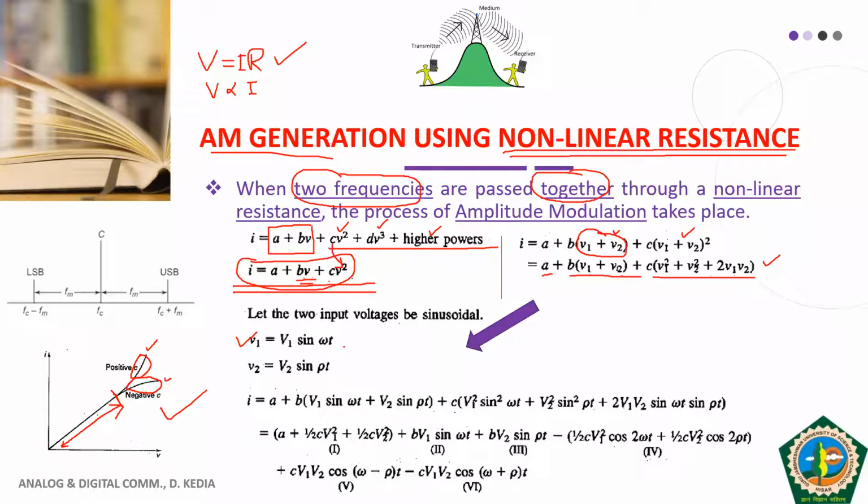Let us fix that V1 is your carrier signal, and V2 is your message signal or modulating signal.